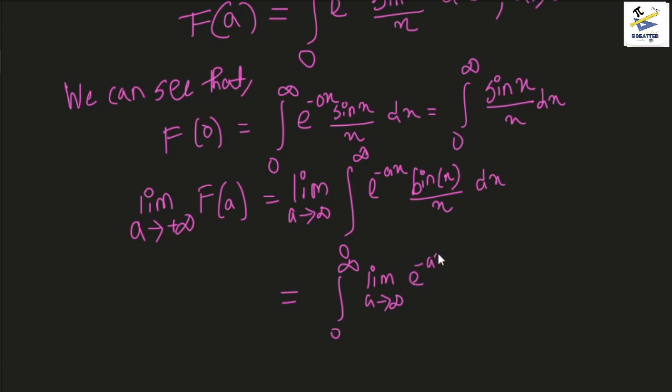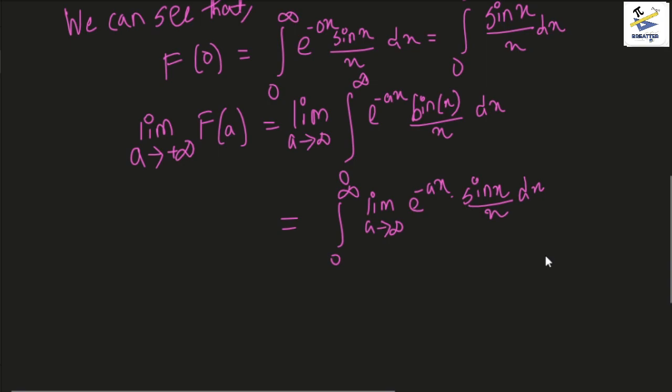And what we see here is this expression right here. Now you know that a is non-negative, and we have eliminated the case for a equals 0, and we are tending a to infinity here, and x is always positive.